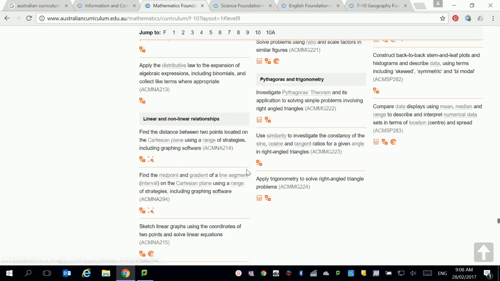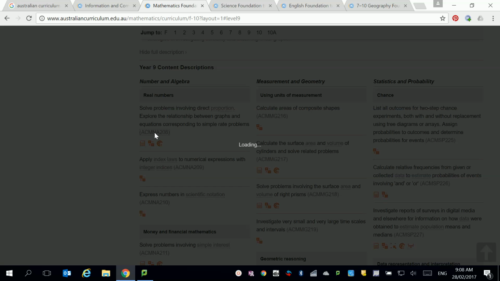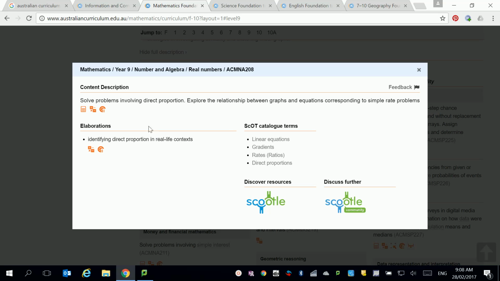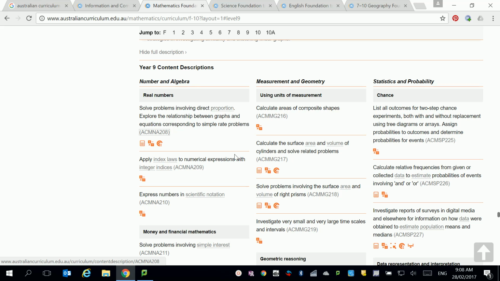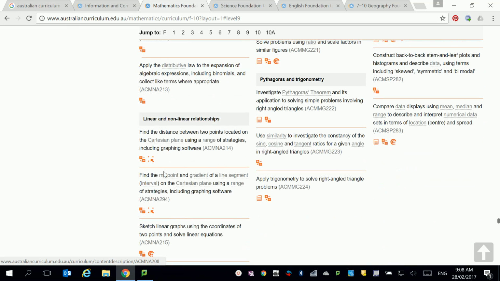But also when you open up the elaboration, there are some resources that you can discover as well. You're mainly looking for this icon.